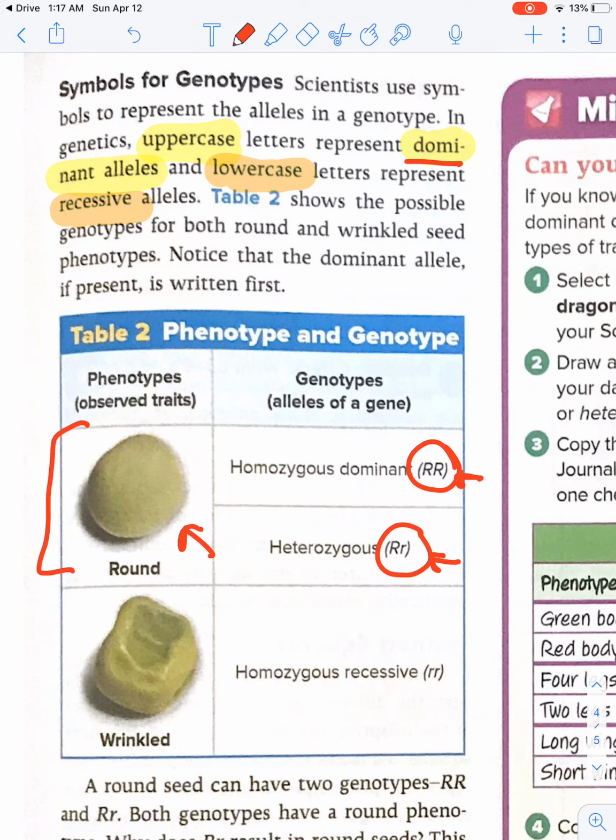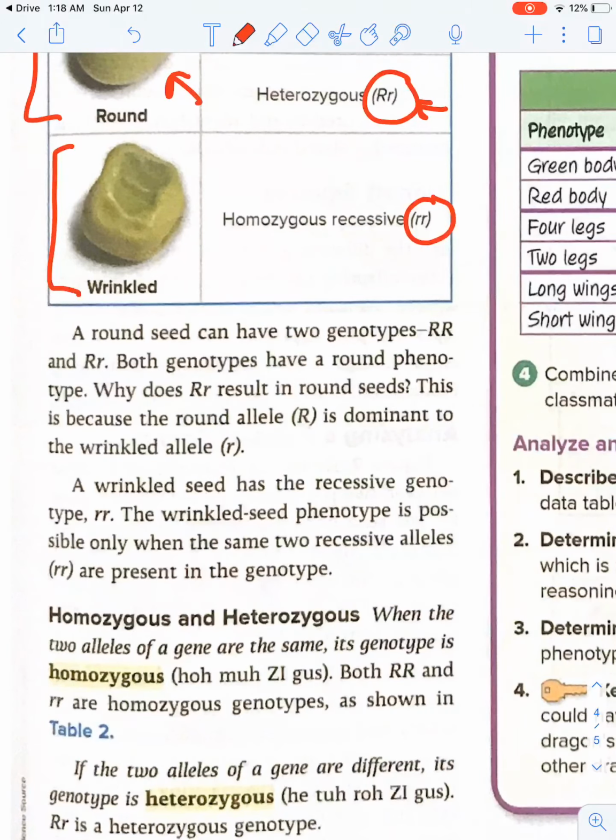But if it has the recessive phenotype, the wrinkled phenotype, then we know it must be homozygous recessive. That's the only way, because if the dominant allele was present, then it would express the dominant trait, but it's not expressing the dominant trait, so it must be little r. A round seed can have two genotypes, big R, big R, and big R, little r. Both genotypes have a round phenotype.